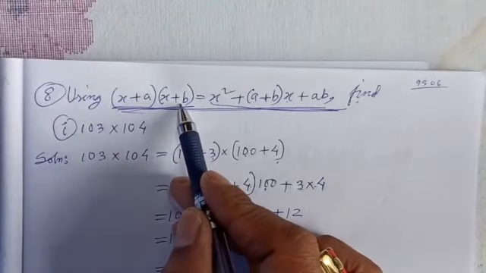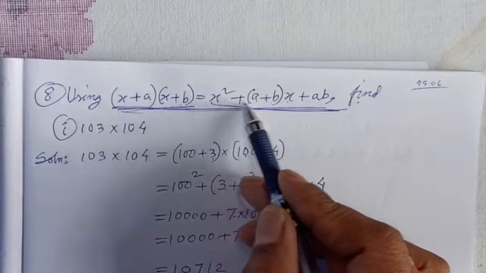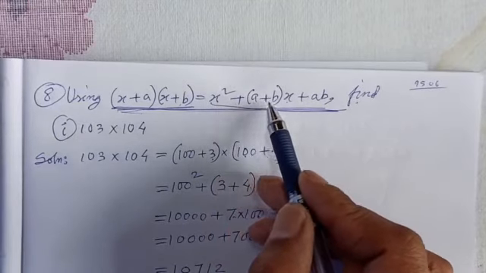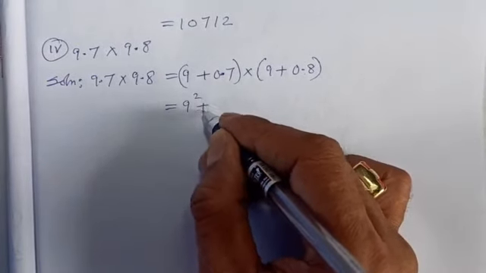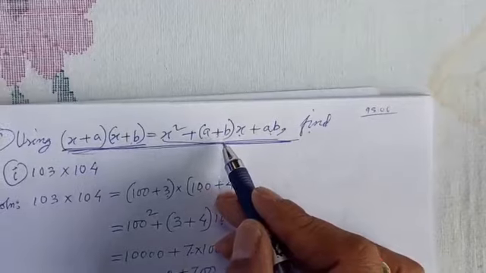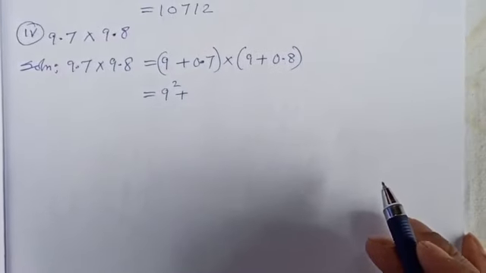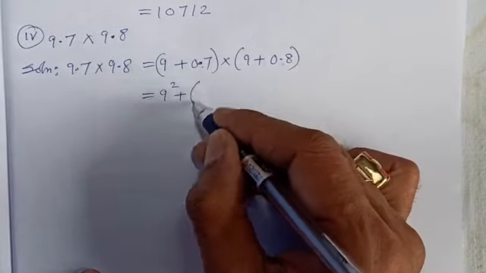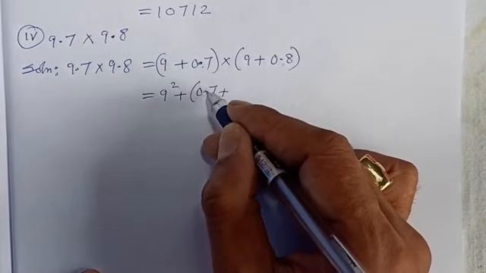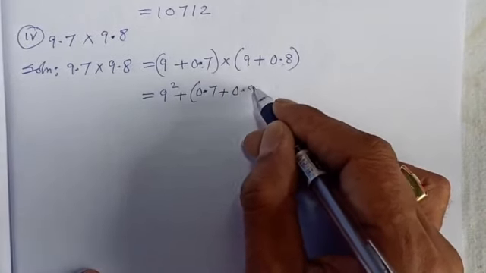Next, if we apply this, x squared plus a plus b into x plus ab. So 9 square, then plus sign. Here a plus b means here 0.7 and 0.8. 0.7 plus 0.8.